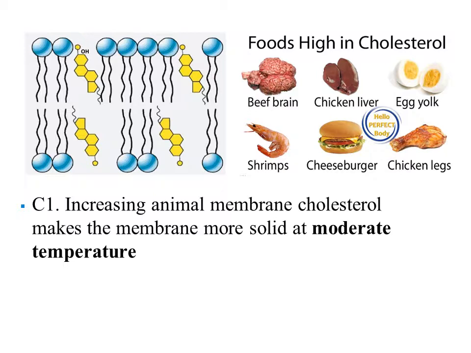If you increase the animal membrane's cholesterol, it's going to make the membrane more solid at moderate temperature. So if your cholesterol content of your cell membrane is supposed to have 4 cholesterols, your membrane is very flexible. If you double that to 8, then the membrane is going to be more rigid.